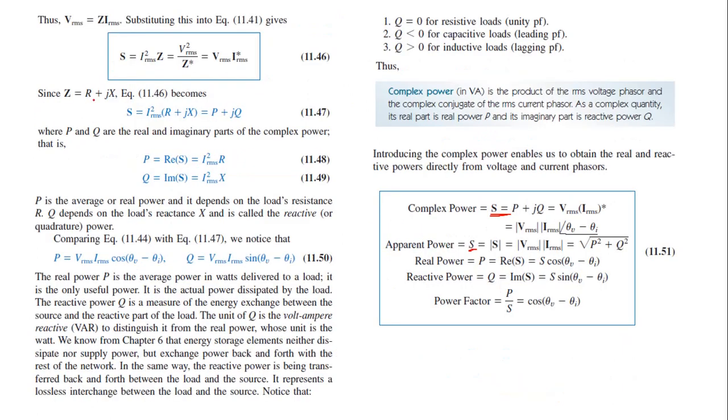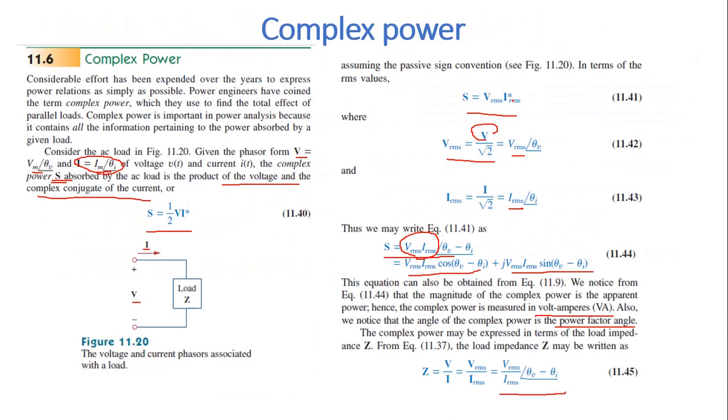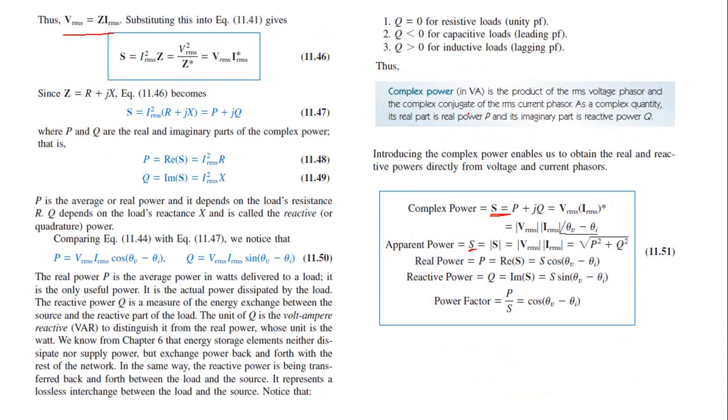So here Vrms can be written as Z into Irms. Substitute it in this equation, and we can obtain complex power as Vrms square into Z or Vrms square by Z star.